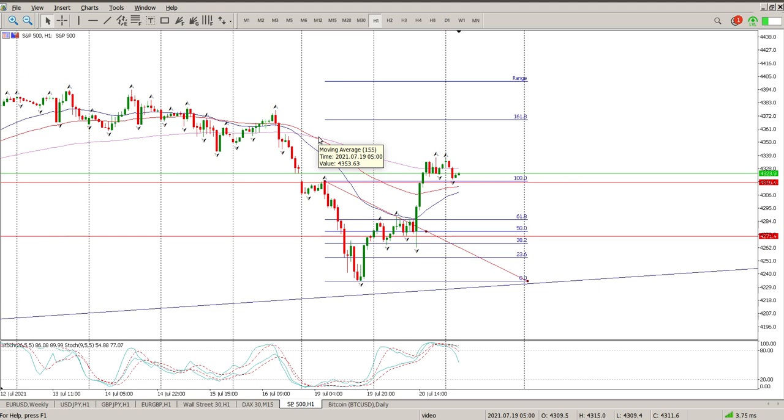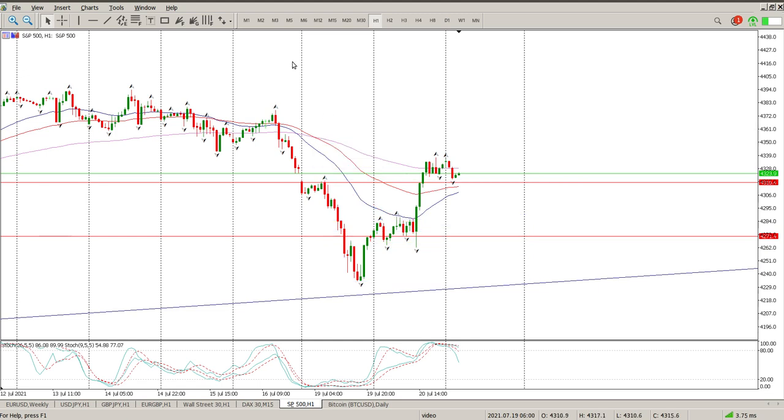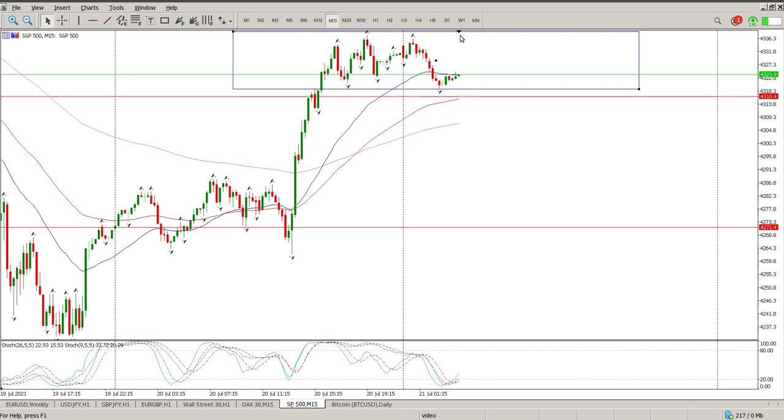So in my view at the moment, it's kind of a 50-50 call. Moving averages are still pointing to the downside on the hour. Oscillators have crossed and are pointing down as well. So I would be paying attention to this little range that's forming at the moment.